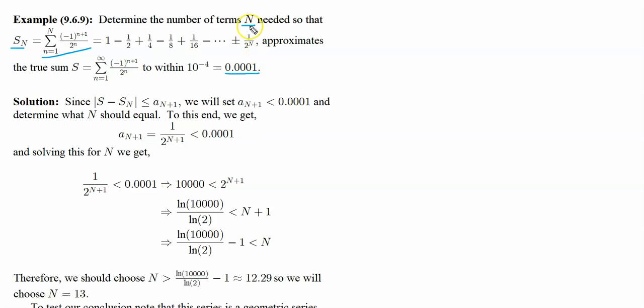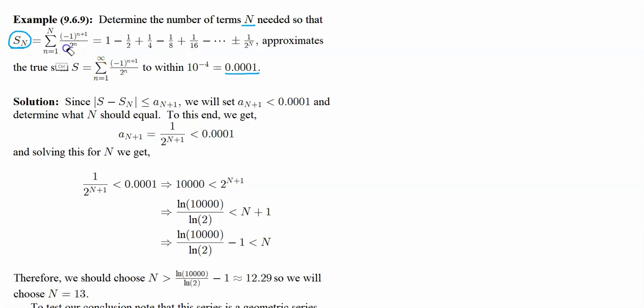In other words, we want to find out how large this capital N should be so that this number that we can calculate is within 0.0001 of this number. So that's what we need to do.